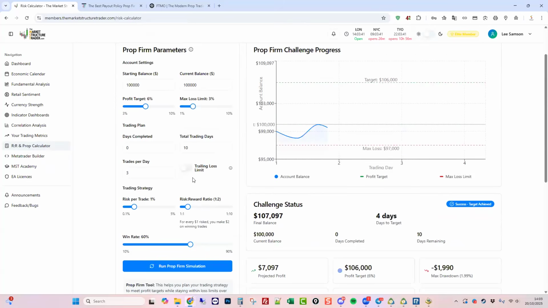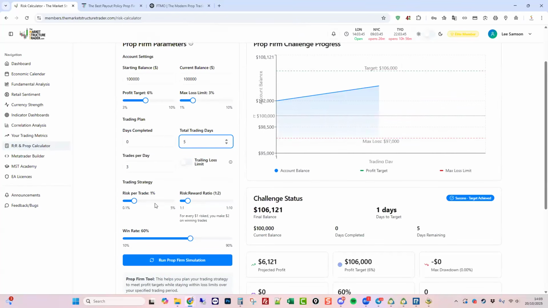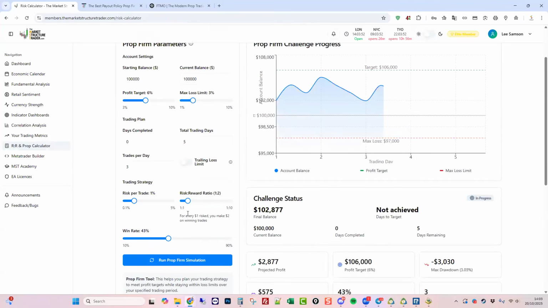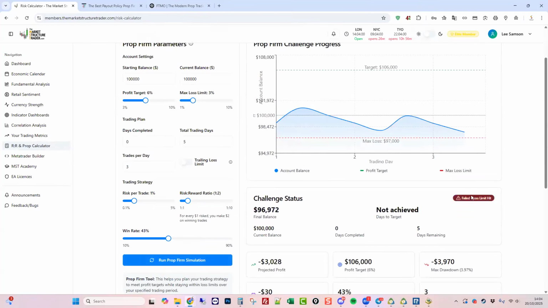So with the Take Profit Trader, for example, that is your initial trading condition. You have to hit that 106K. Just reduce that down to something more realistic. So you've got to hit that 106K. Achieve that one there in 2 days. Achieve that one there in 4 days. Didn't achieve that one, failed. And this is without a trailing loss.